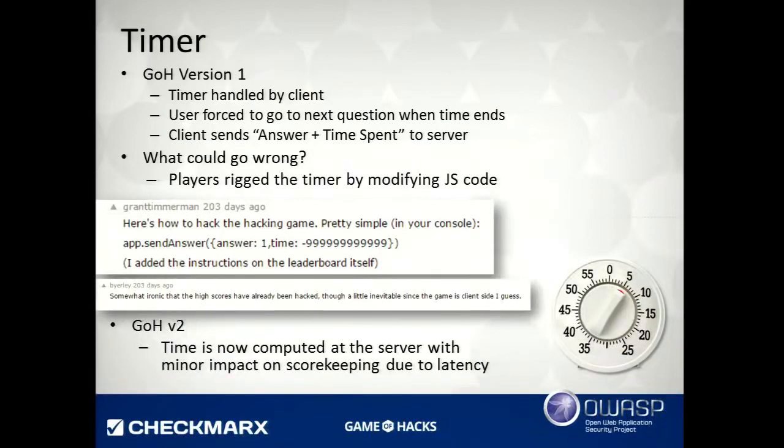So we moved calculations to the server, and there was an impact on the calculation, obviously, the latency between the time the client sends the response and the server gets it. But it was negligible for the overall game design, and you can try to mitigate that by looking at latencies and taking that into account.